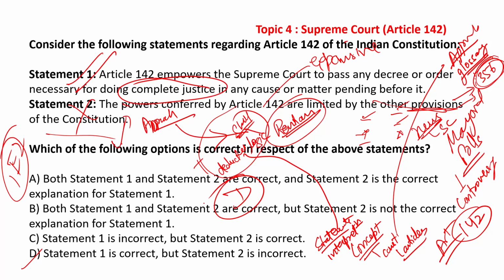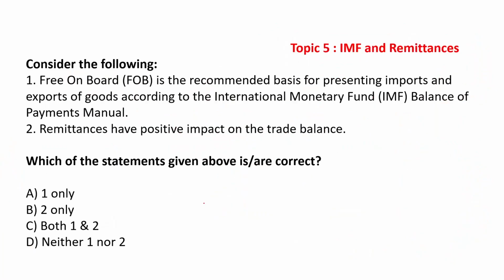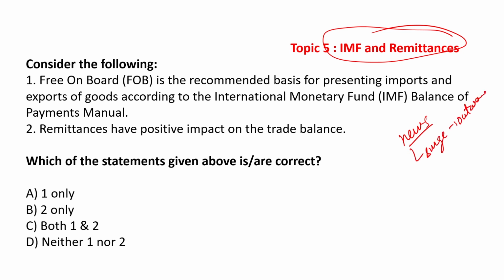Moving on to the last question for today. The topic is based on IMF and remittances. Recently there has been a surge in outward remittances, and obviously institutions like RBI play a key role.